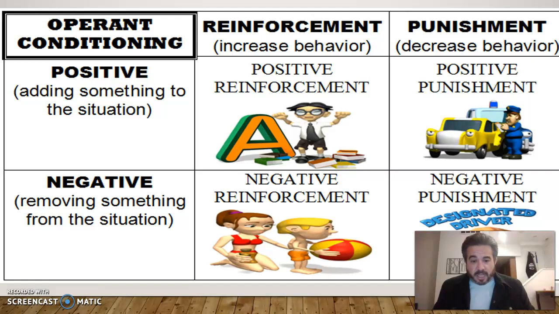Negative reinforcement is, for example, in this image, it looks like a mom is putting sunscreen on her child. So it's more likely that in the future she will continue to apply sunscreen because what's being taken away, what's being removed, is the unwanted thing, which in this case would be a sunburn, right? Now, this assumes that they've experienced sunburn and have learned from the experience that they want to avoid sunburn.